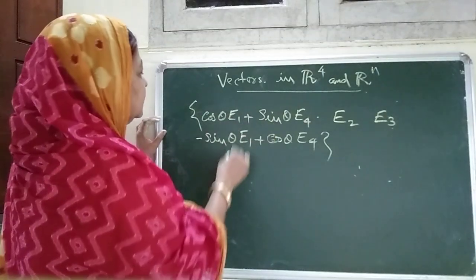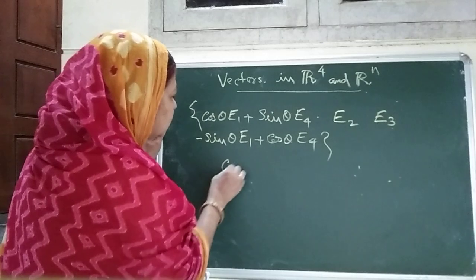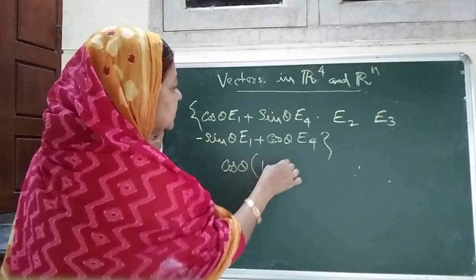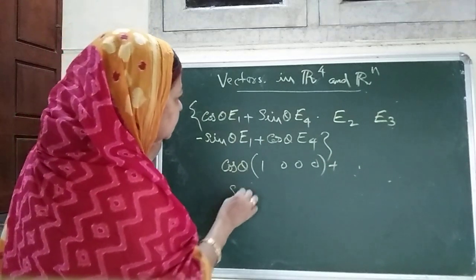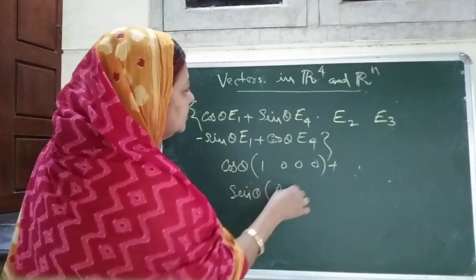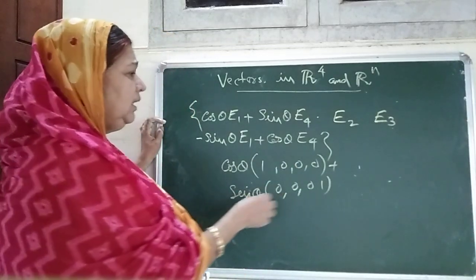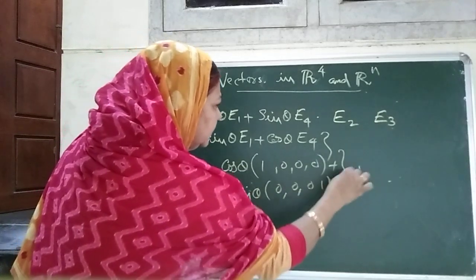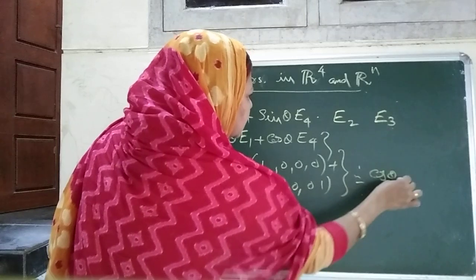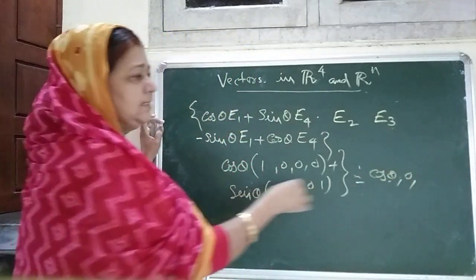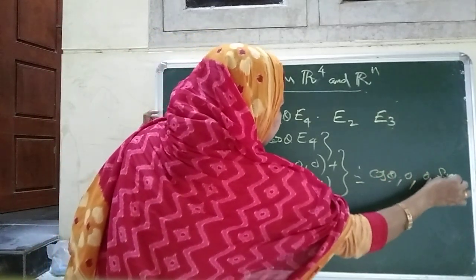What is the modulus of cos theta E1 plus sin theta E4? This is cos theta into 1, 0, 0, 0 plus sin theta into 0, 0, 0, 1, equal to cos theta, comma 0, second coordinate is 0, third coordinate is 0, and fourth coordinate is sin theta.